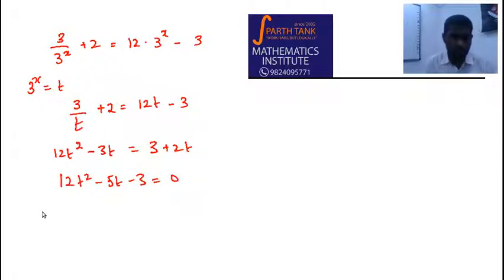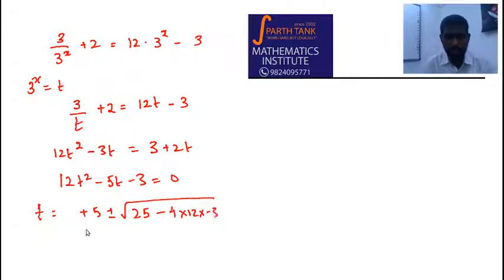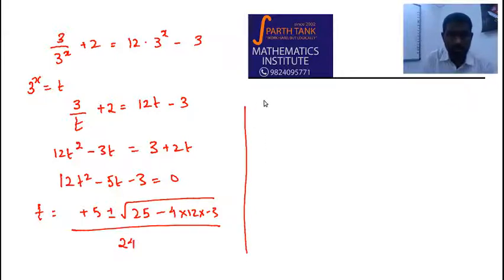Now what are the roots of this? t is equal to minus b plus or minus square root of b squared minus 4 times 12 into minus 3, by 2a, which is 24. So this gives me t is equal to 5 plus or minus square root of 25 plus 144, by 24.